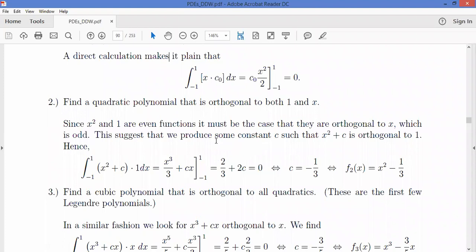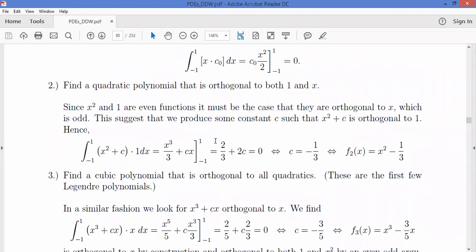Next here, the same story. This is interpretation. Here we have: find a quadratic polynomial that is orthogonal to both 1 and x. So when you talk of a quadratic polynomial, since it is quadratic and you are already given x, then you can think of this quadratic form in a general sense.